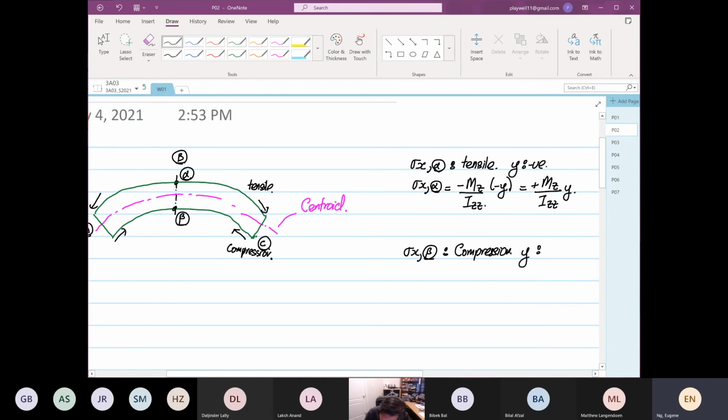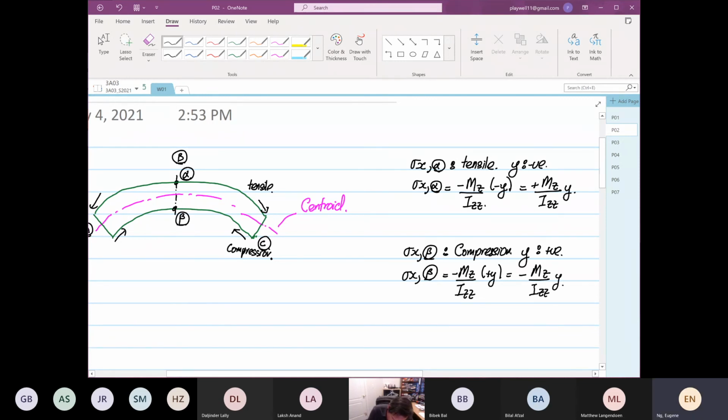So Y has to be what? Has to be positive, right? So stress X at point beta is equal to minus Mz over Izz. Now the Y is positive. So the outcome is you get minus Mz over Izz multiplied by Y.